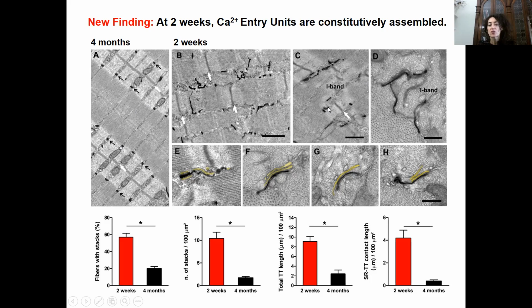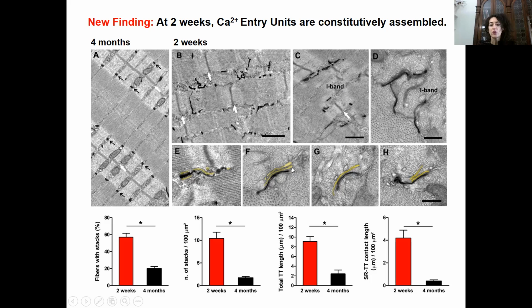And this was already known thanks to the work of Clara Franzini-Armstrong, because this coupling system undergoes, during postnatal maturation, a structural modification involving a progressive transition from mostly longitudinal to almost exclusively transversal.